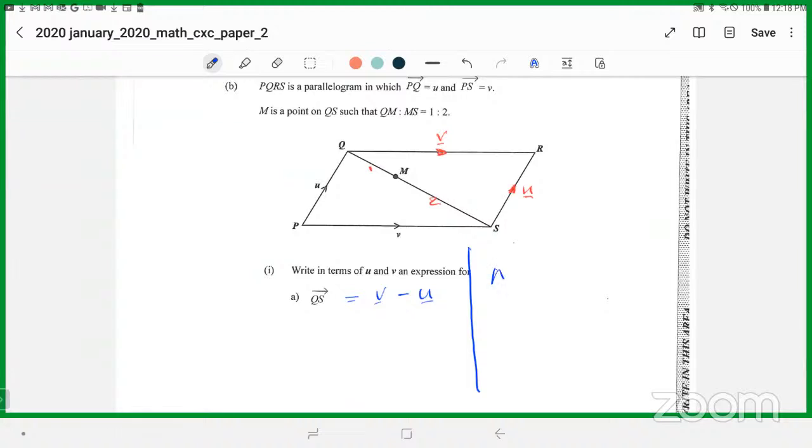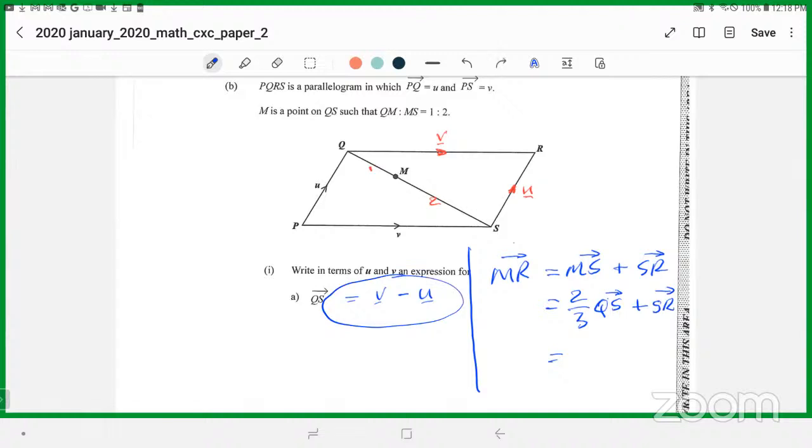So to go from M to R, we're going to go M to S first and then go S to R. The M to S is 2/3 of the QS, plus the SR, which is U. And we can put in the values now, because this is QS.